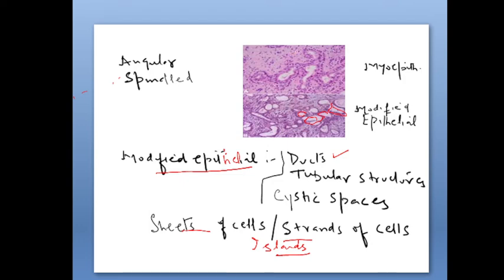Surrounding this, there is one more area here. This area is the stroma. There is a background of mesenchymal background containing angular and spindled cells. So angular and spindled cells are in mesenchymal background.